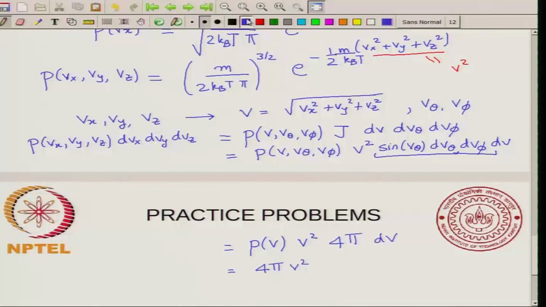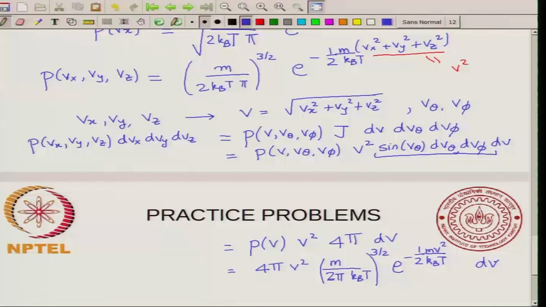So, you keep the normalization factor as it is: m divided by 2 pi k B T raised to 3 by 2, and you have e to the minus half m v square by k B T. So, this is the Maxwell-Boltzmann distribution of speeds.